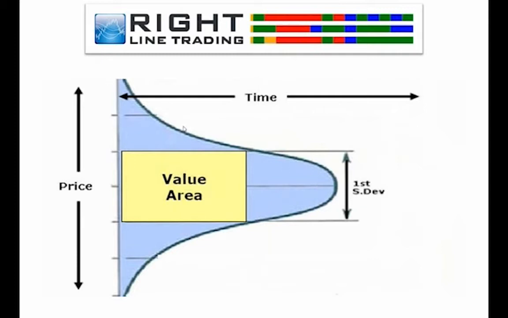In a normally distributed volume curve, the mean, the median, and the mode are all the same. One standard deviation's worth of volume is distributed symmetrically around this mean price, and this creates what's known as a value area.